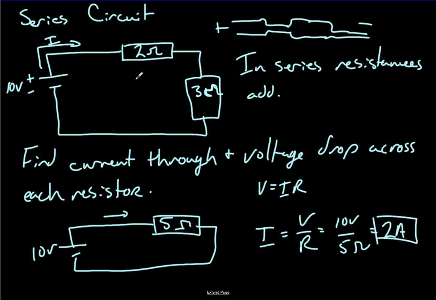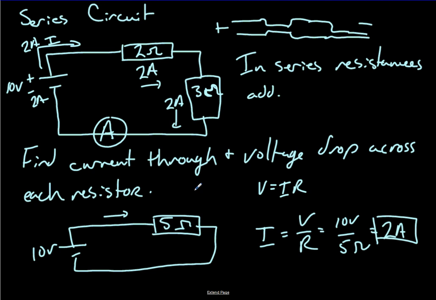Since these are in series, the current has to be the same through the entire circuit. So 2 amps flows through there, 2 amps through there. No matter where I put an ammeter on this circuit, it's going to read 2 amps. If I put it here, here, here, it doesn't matter. There's 2 amps leaving, and there's 2 amps returning into this cell. Okay, does that make sense?